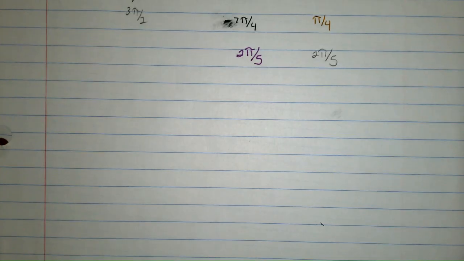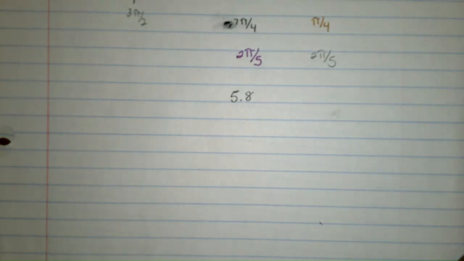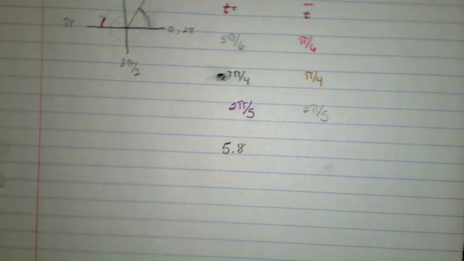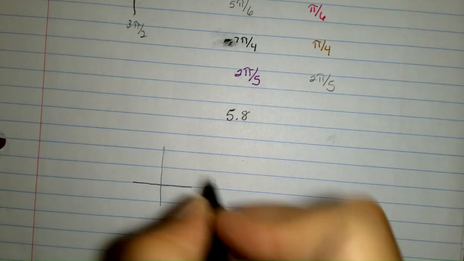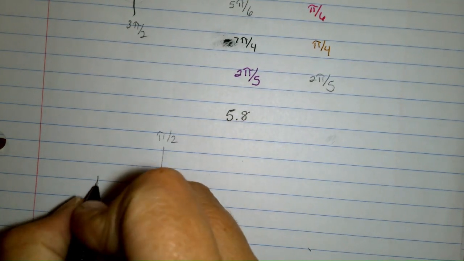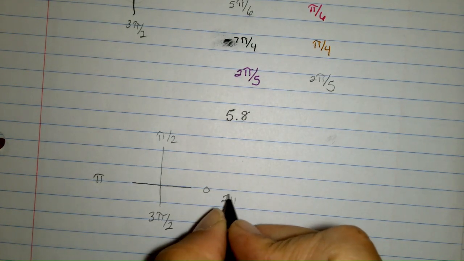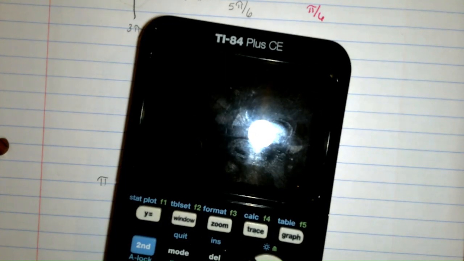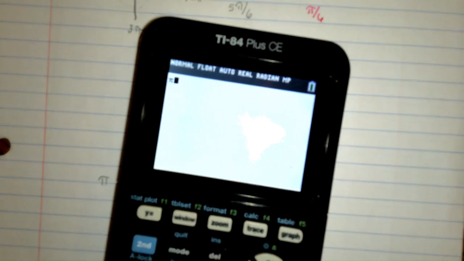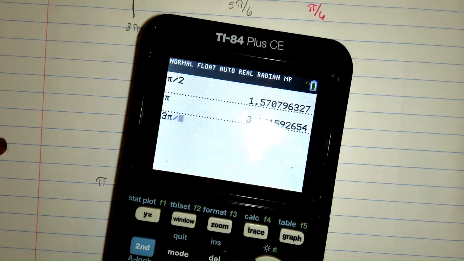All right, I have one last one. 5.8. Wait a second. We've been doing things as 0, pi over 2, pi, 3 pi over 2, 2 pi. That's 5.8, that's a decimal. Pi over 2, pi, 3 pi over 2, and 2 pi.